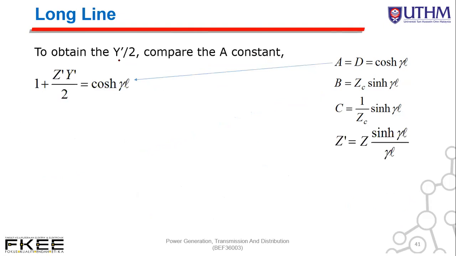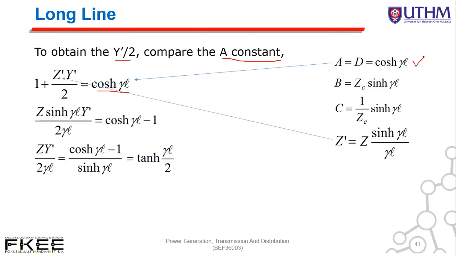Now we want to find Y prime over 2. We can compare the A constant with the hyperbolic function, that is 1 plus Z prime Y prime over 2 equal to cosh gamma L. This is the constant for A and D. Then we can also replace Z prime with the equation we found. So we can solve for Y prime.